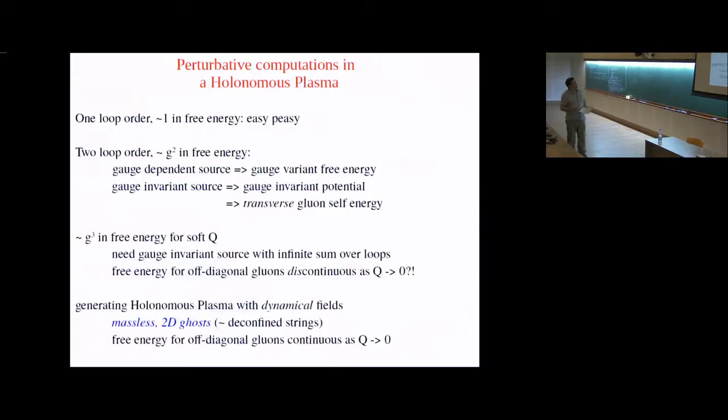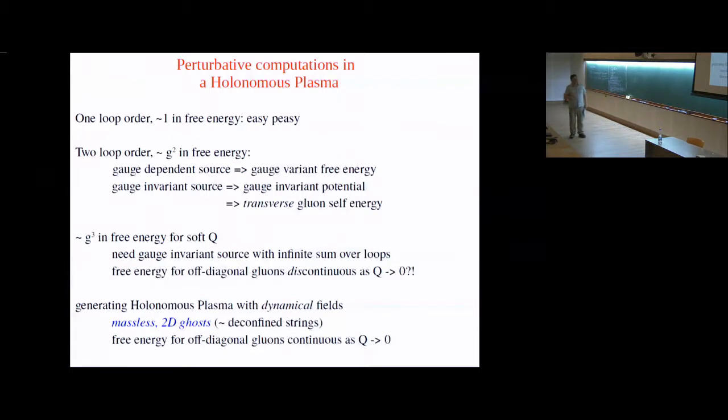before I go on, let's see, okay, so this is what I'm going to talk about now. These are the new calculations. I'll first of all review what happens at one loop order, what happened at two loop order. Here, basically, if you use a gauge-dependent source, you find a gauge-dependent free energy. That's hardly a surprise. You want to use a gauge-invariant source. The result you then get to order g squared is gauge-invariant, but it's not obviously transverse, and I'll discuss that. And I'll then discuss the order g cubed term in the free energy for small holonomy.